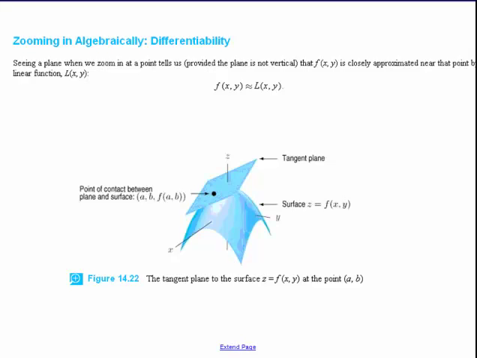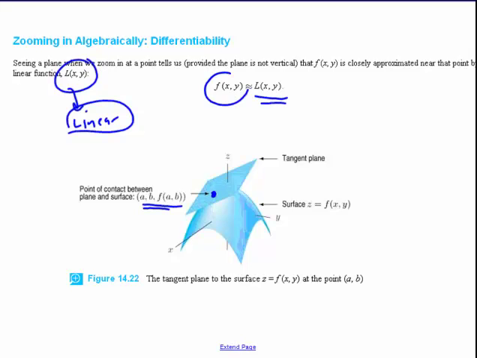So here's a nice picture of what's going on. What we're saying is that this is a tangent plane, and this plane we're going to call L of x, y, and it's linear. For values of x, y, z close to this point, our plane does a pretty good job at approximating the function.